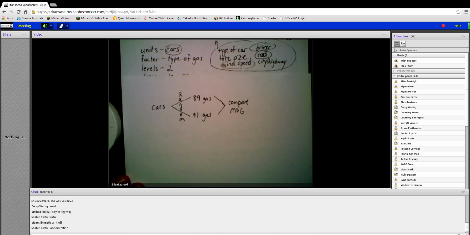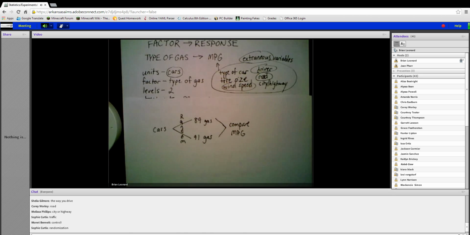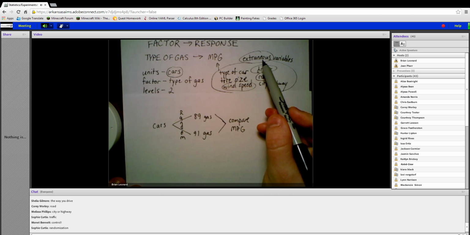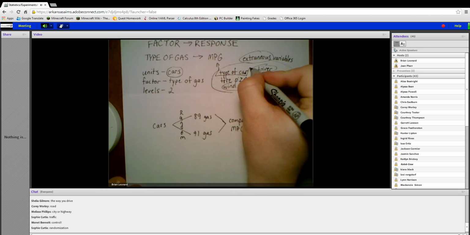But you may have heard the term, not extraneous, but the term confounding. What makes a variable confounding? Well, I'm going to take type of car, okay?